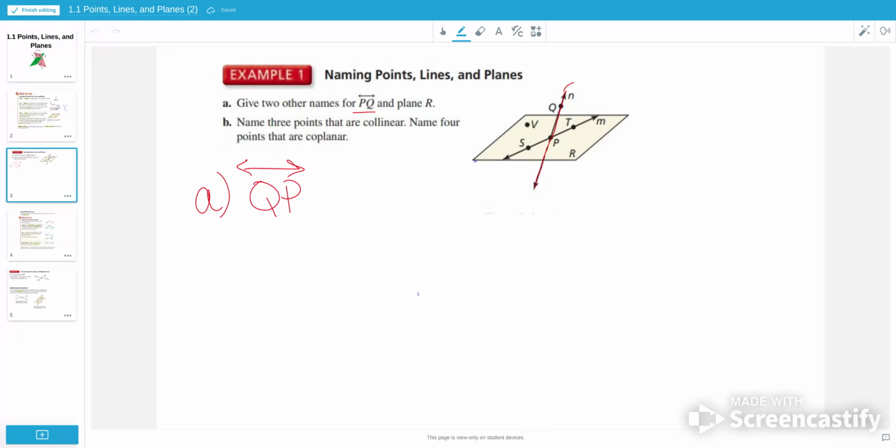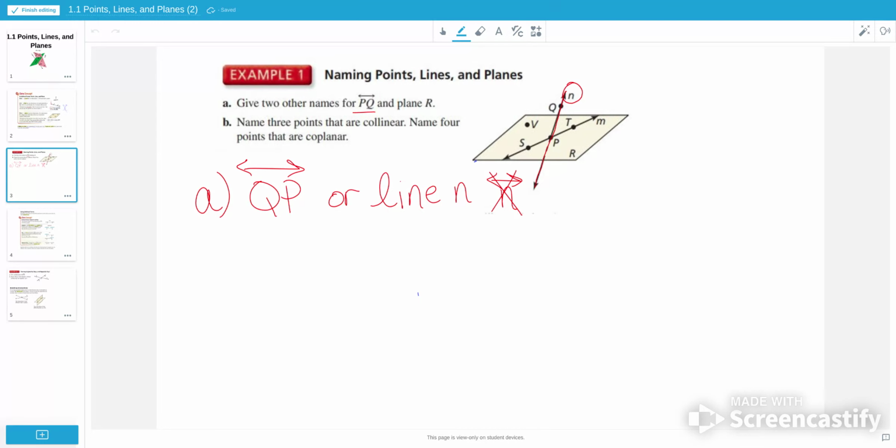So I could say line N. And remember, I could not say line N like that. That is not okay. Has to be 2 points if we're going to use the notation, and N is not a point.